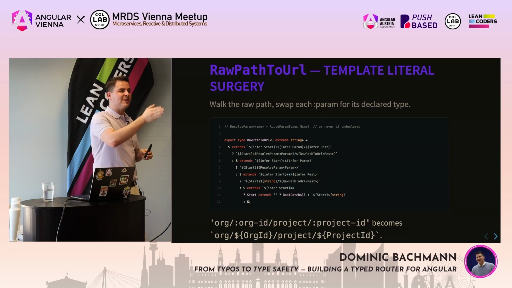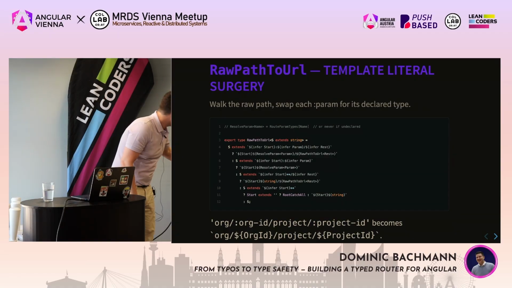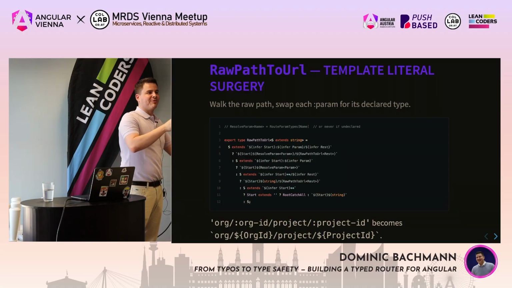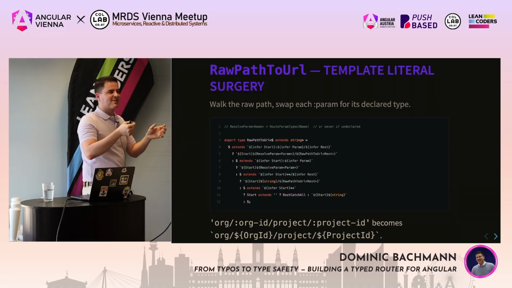If you remember, the key was the actual parameter name, and then after that comes the type as a value. Once we have the parameter name, we can just look up from that map and replace this parameter string with the actual type.